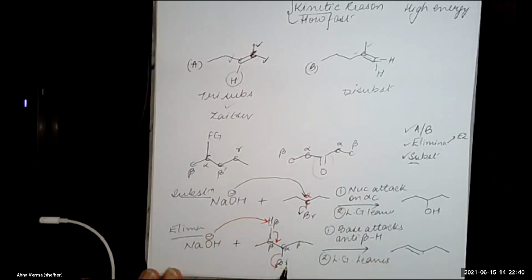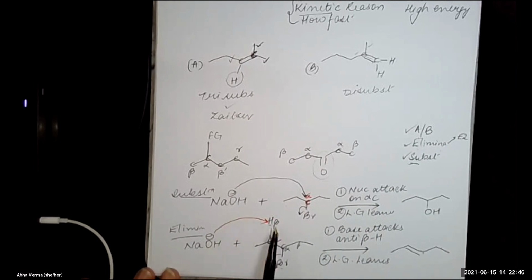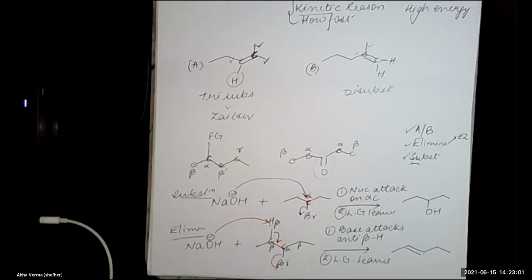So this is the exact mechanism of your E2 reaction. The base abstracts the hydrogen, the anti-hydrogen of your beta carbon. The bond between hydrogen and that carbon breaks and the leaving group leaves. This is the exact mechanism for E2.